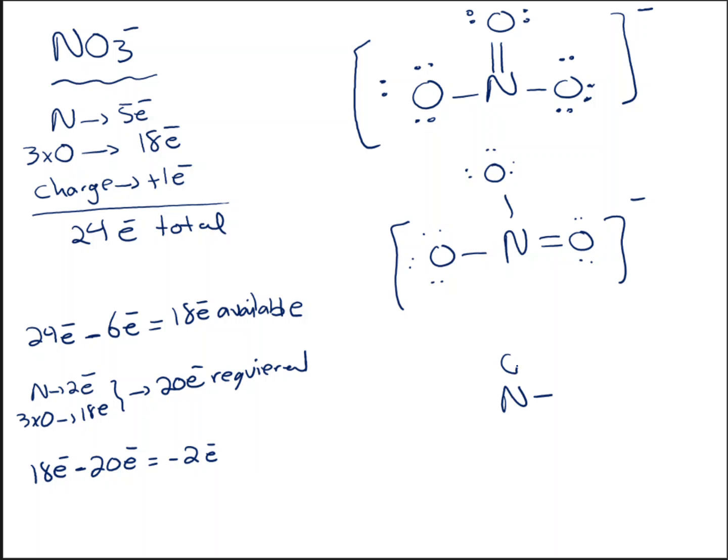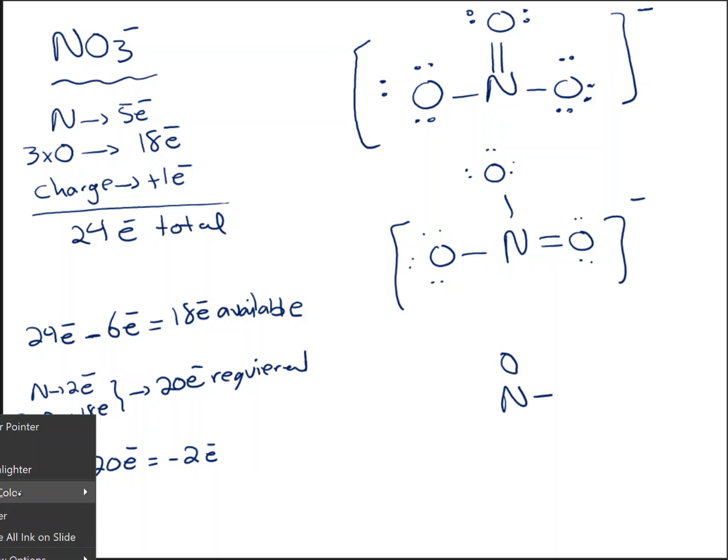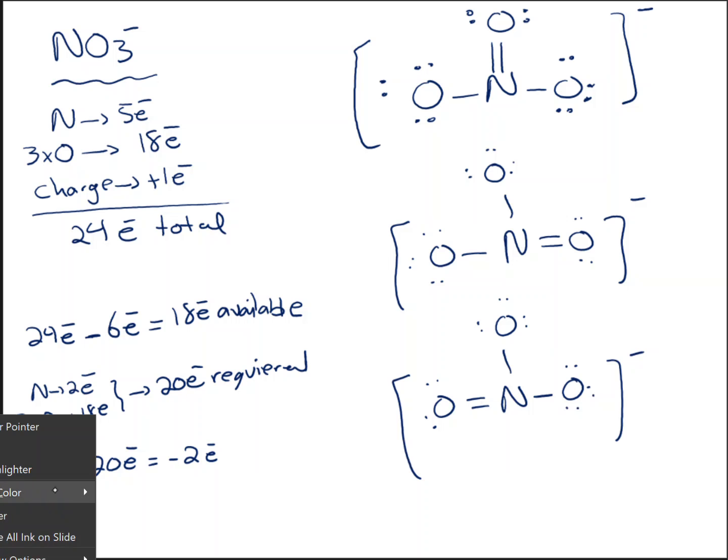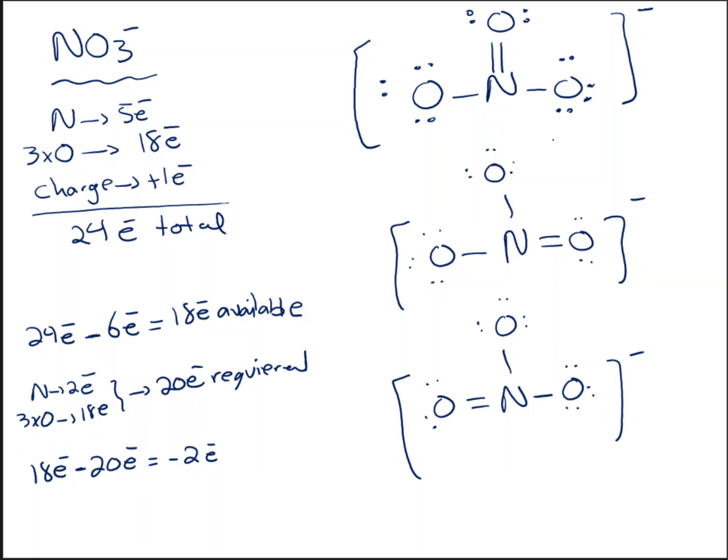Or I could put the double bond here. And these structures are all the same. So these are all resonance structures for the nitrate ion. How do I show that these are resonance structures? This is the symbol you use for resonance structures.